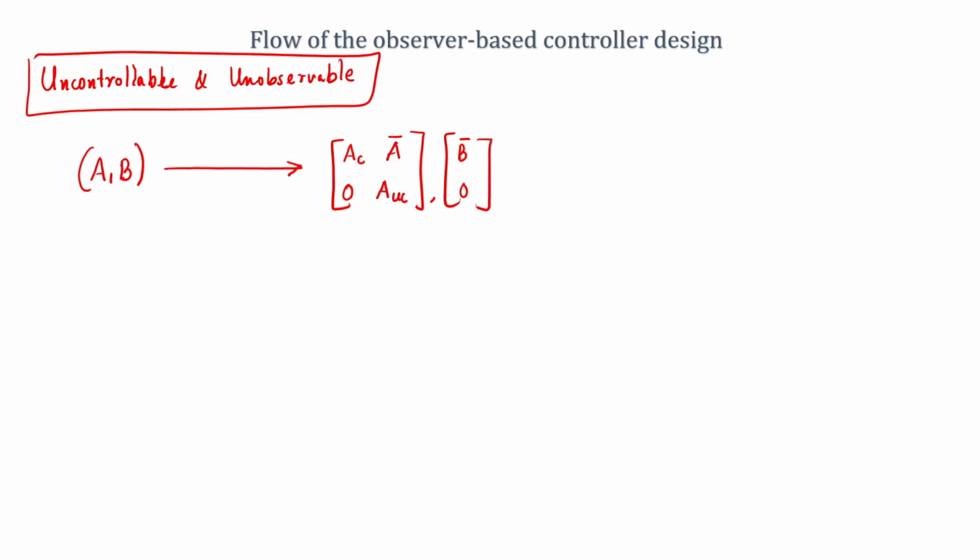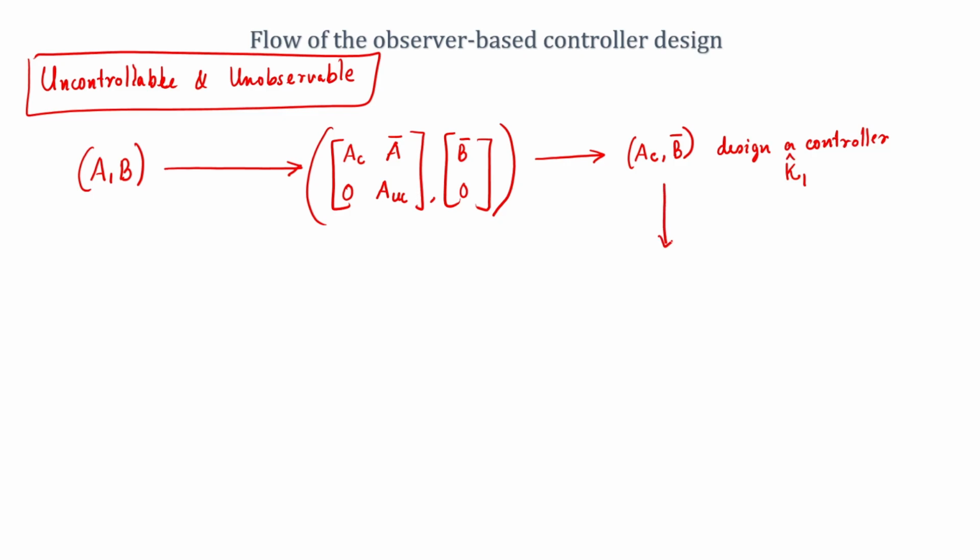This we can do because we can always find a transformation which will take us to this form. Once you have got this, you can take a smaller problem, which is basically taking A_C and B bar, and then try to design a controller for this small system.